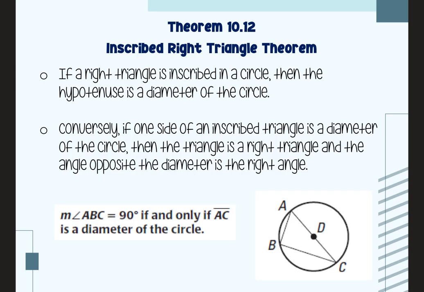And the reason you learn that is this. Theorem 10-12 is the inscribed right triangle theorem. And it says if a right triangle is inscribed in a circle, then the hypotenuse is the diameter of that circle.